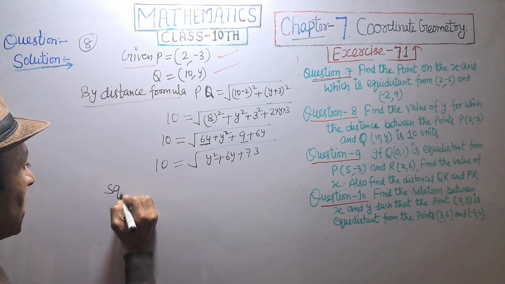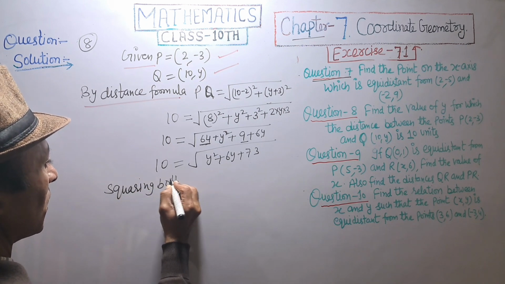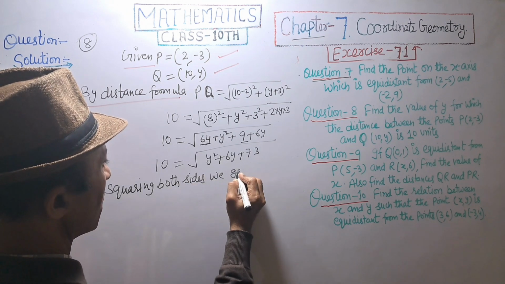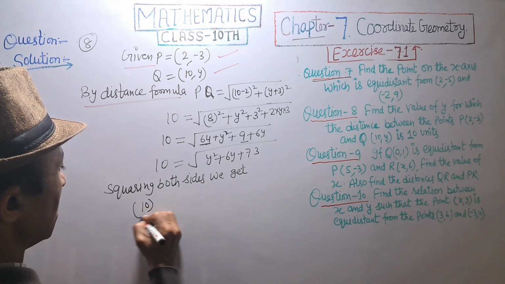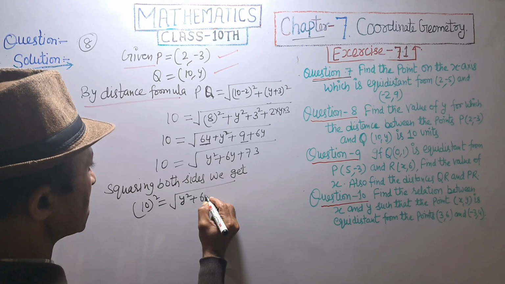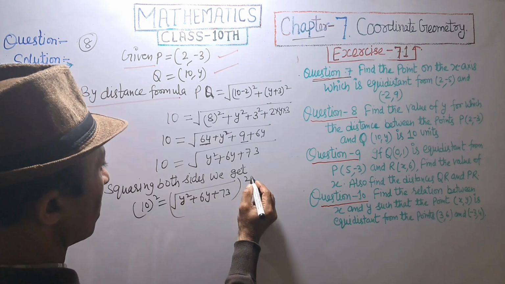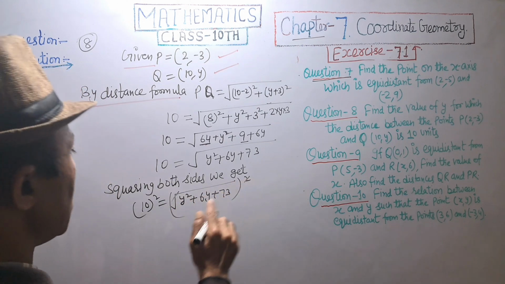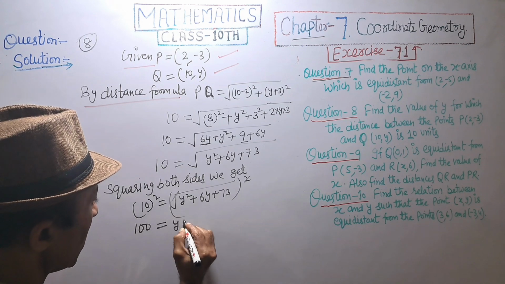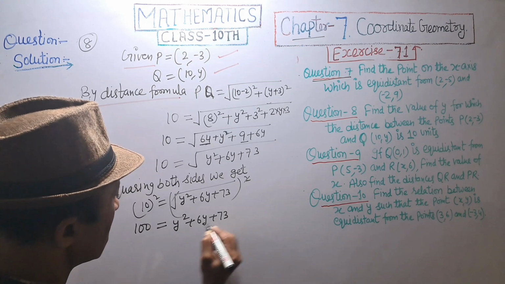Squaring both sides, we get 10 square is equal to under root of y square plus 6y plus 73, whole square. Square root is cancelled. 10 square is equal to 100, that is equal to y square plus 6y plus 73.